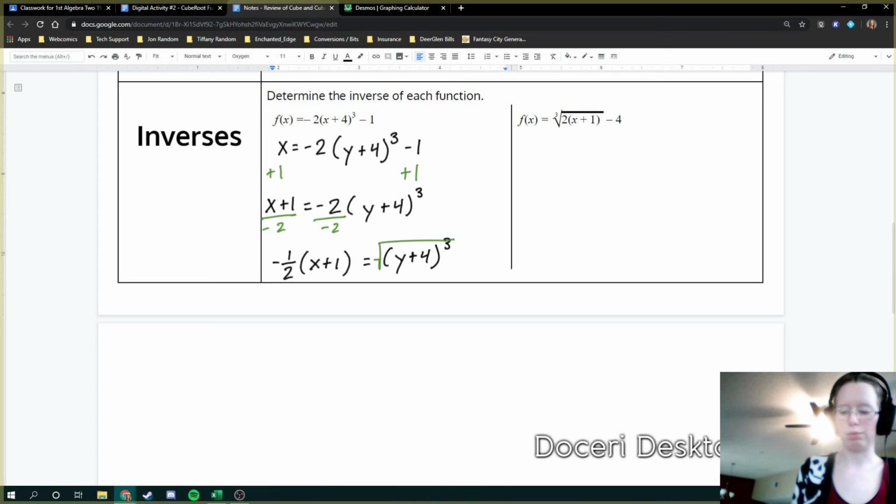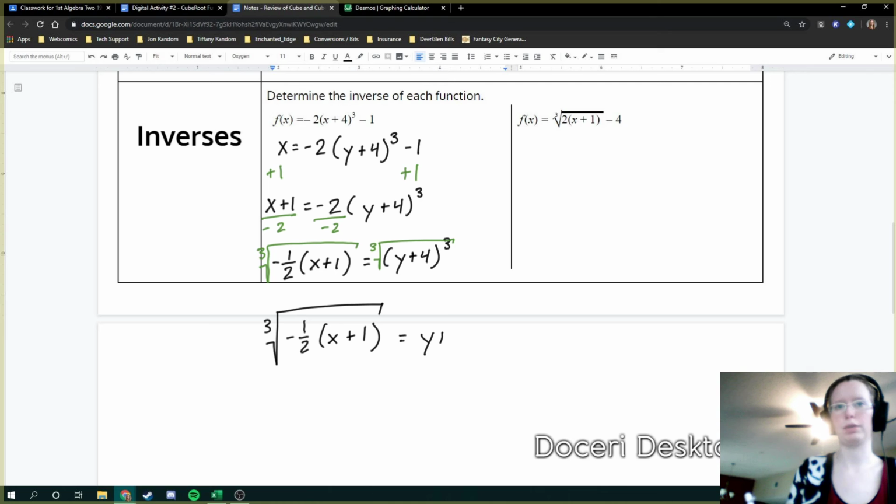Then to get rid of the cube, I'm going to cube root both sides. I'm going to cube root all of the left-hand side. Okay, everything goes underneath the house. Okay. So I'm left with the cube root of -1/2(x plus 1) is equal to y plus 4.